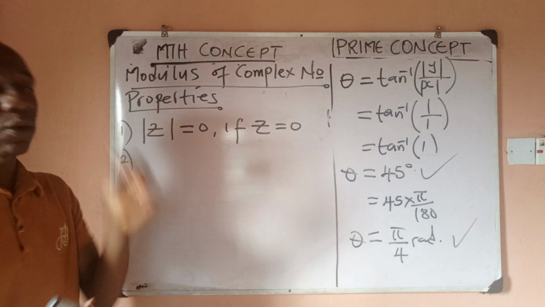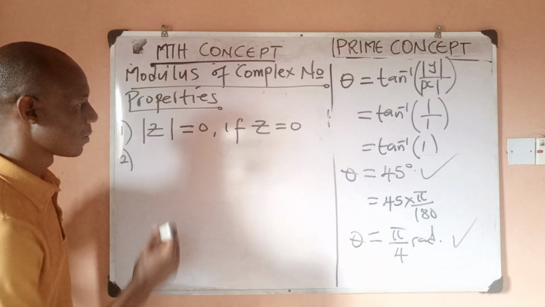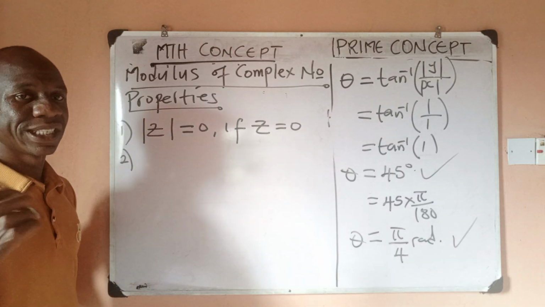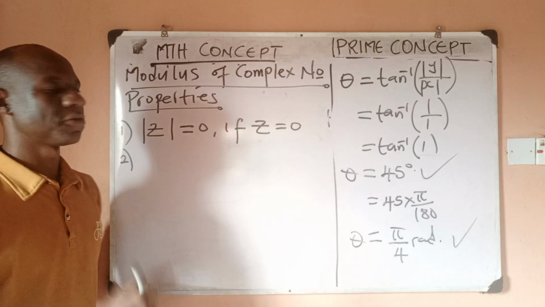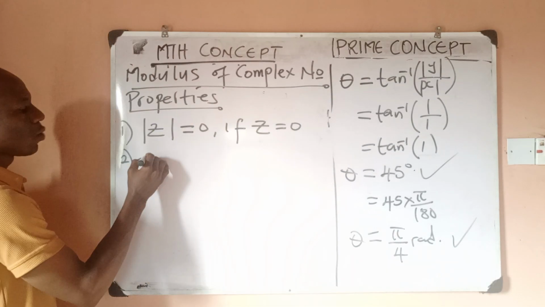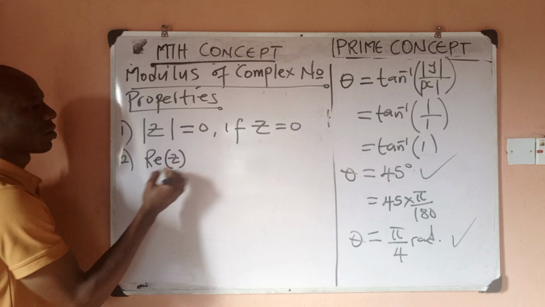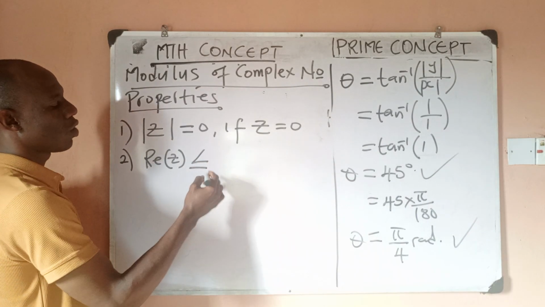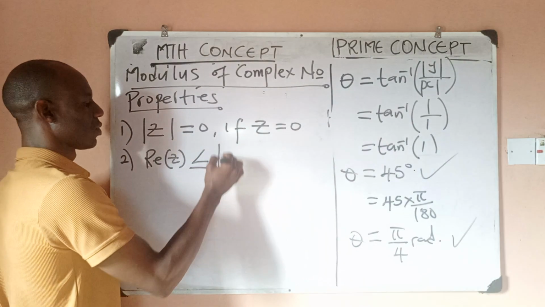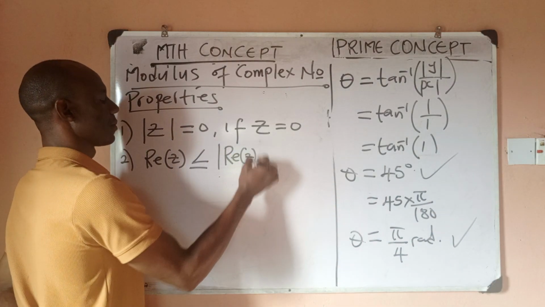The second property I want you to know is the inequality property, which you can always test with values and confirm that it is true. The real part of every complex number is always less than or equal to the absolute value, or the modulus, of the real part.